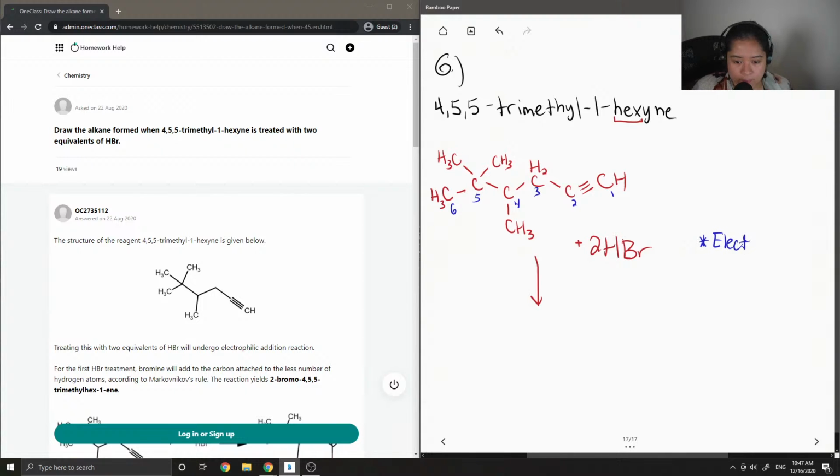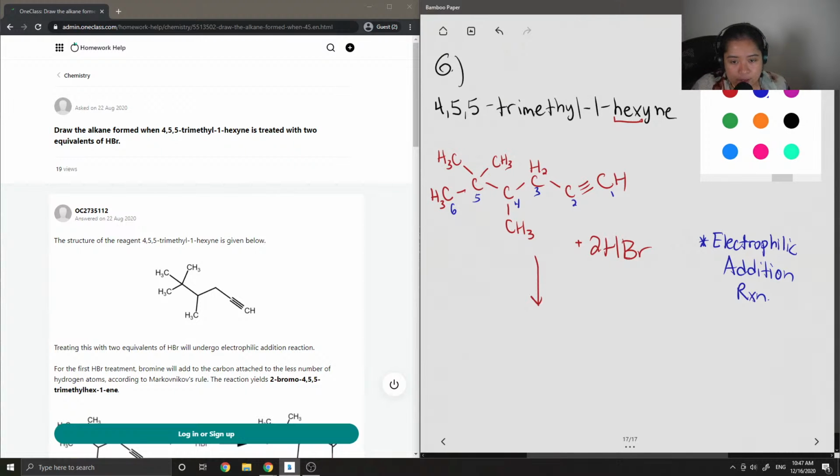Since there are two equivalents of HBr, that means 2 bromine groups will be added to the triple bond.